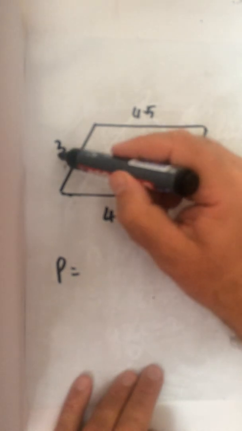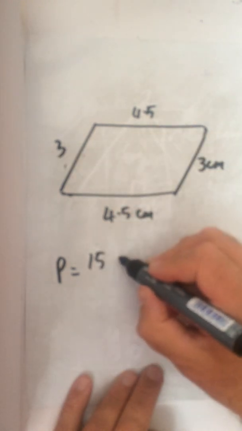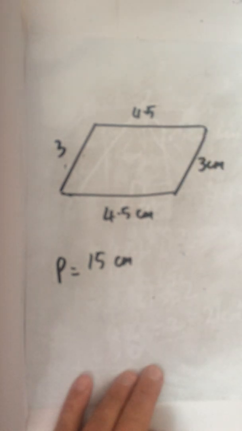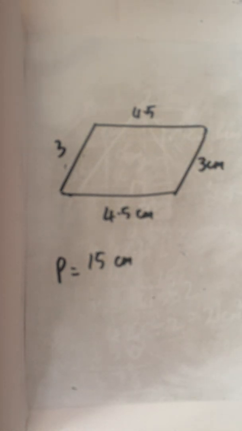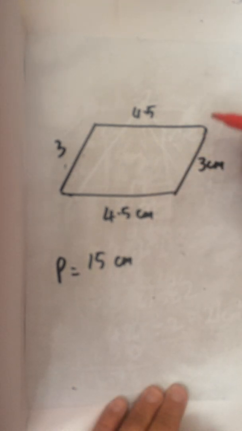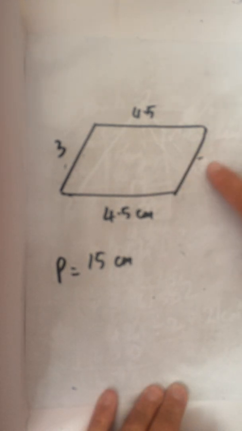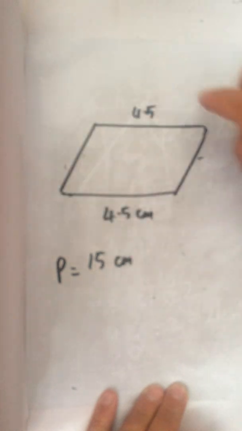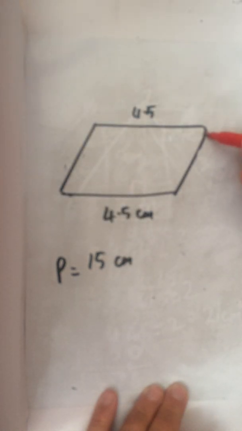Add 3 is 12, add 3 is 15. 15 centimeters, okay? And again, we can't work out the area until we know the height, and sometimes these will have them. So these side bits for the area are no help at all, okay? Yeah, no help at all.